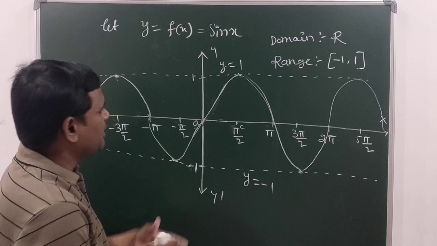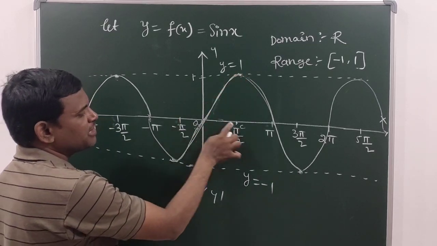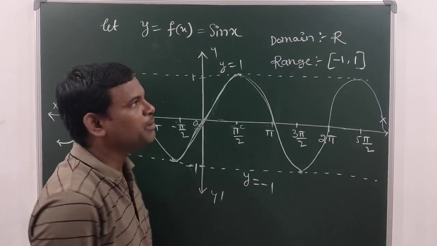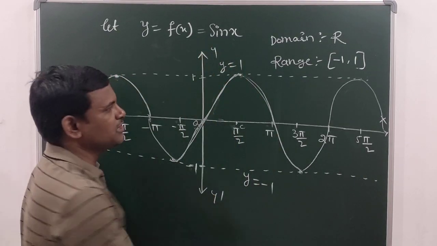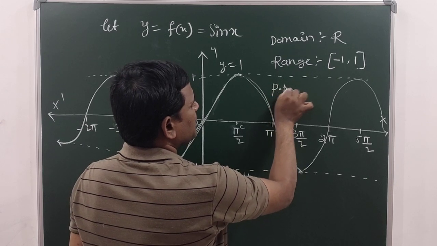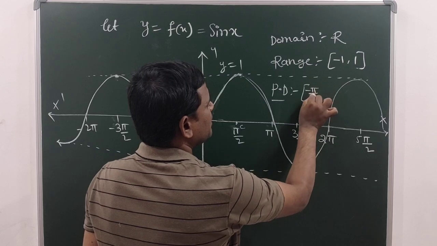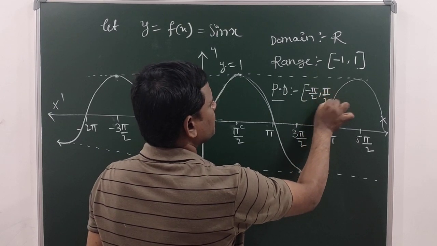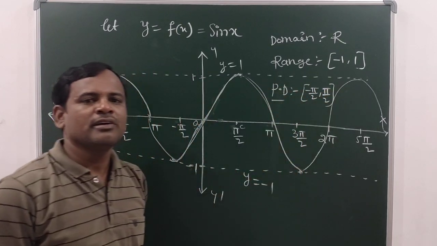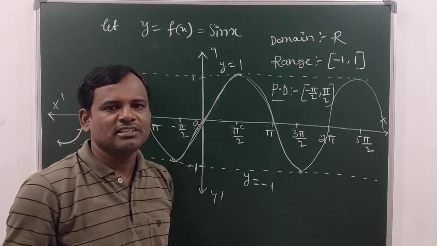Here we consider the interval -90 to 90 as the principal domain for the sine function. So the principal domain of the sine function is the closed interval of -90 to +90. Remember this point. In this interval, this graph strictly increases.